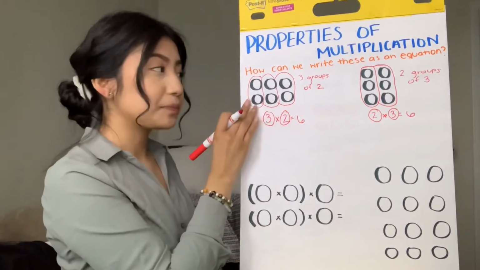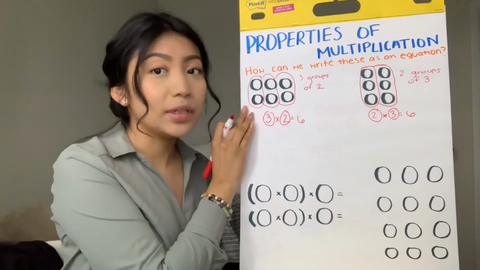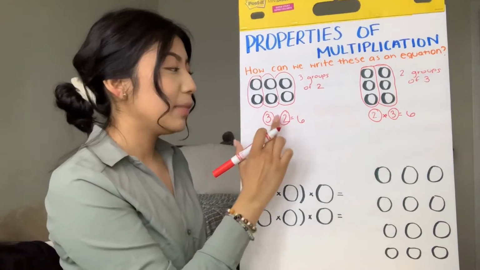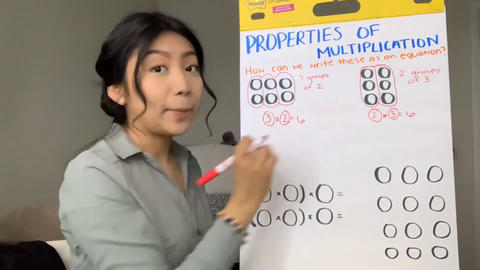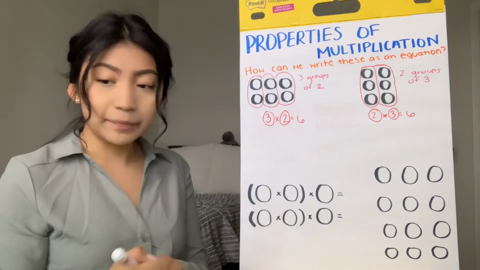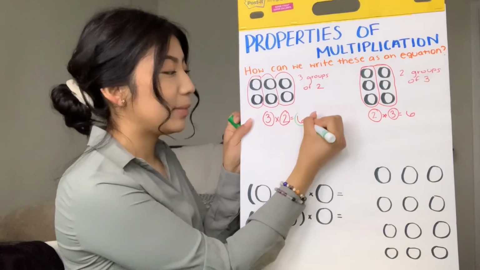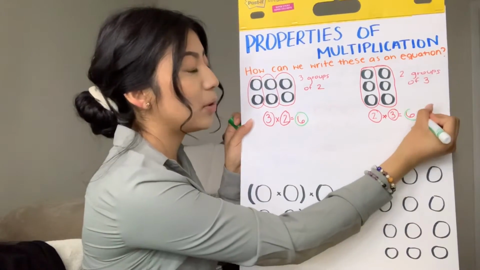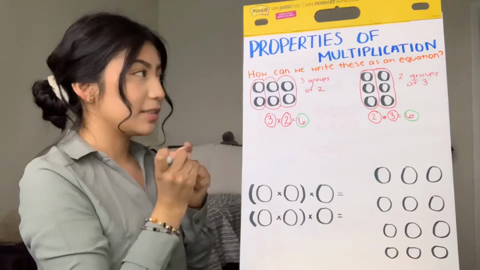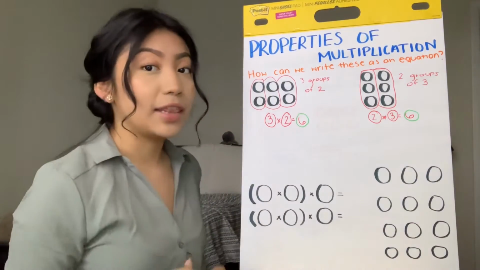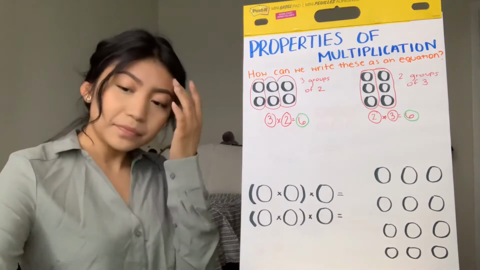So this one is going to be our commutative property. It doesn't matter what order the numbers are in, we're still going to get the same answer. So we got a 6 for both of these. All right. So let's try the next images right here.